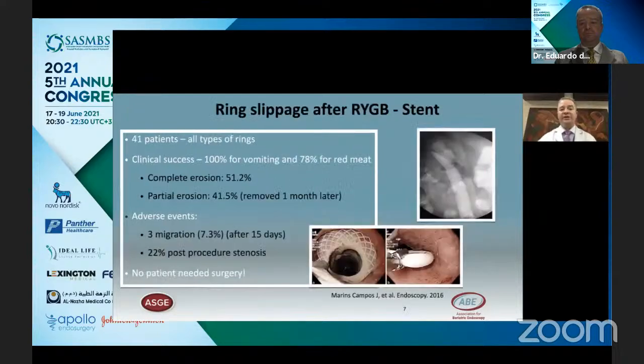About the stent, plastic or metallic stent. The use of a self-expanding plastic stent is a very refined technique with a high success rate, but with some risk of migration and post-procedure stenosis.